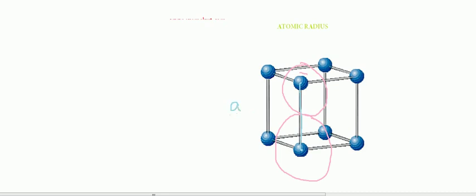Now what happens if I halve this distance? If I halve the distance a, I get the radius of each atom. So a by 2 is the radius of each atom. So what is the atomic radius in the case of simple cubic? The atomic radius is a by 2.